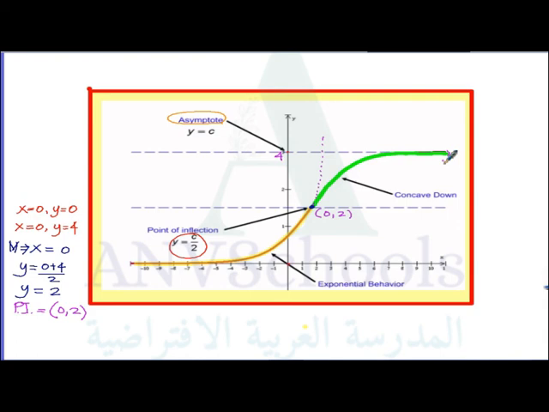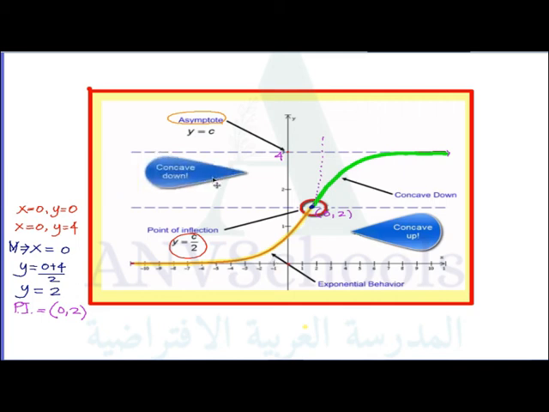So take note that this is our point of inflection, and below this point the graph is concave up. Below the point of inflection, the behavior of our graph is an exponential behavior, and it is concave up.